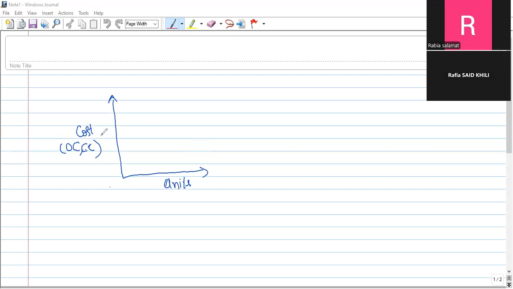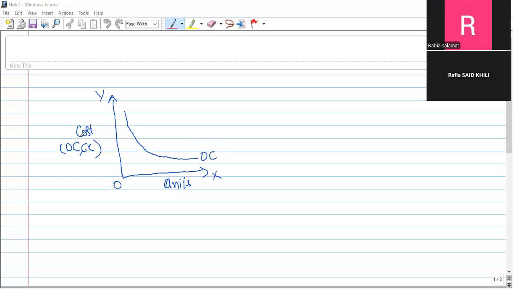On the y-axis, your ordering and carrying cost, and on the x-axis, your units. If I draw the graph of ordering cost and units, ordering cost and units behave inversely. The inverse cost graph is just like moving downward. This is your ordering cost.